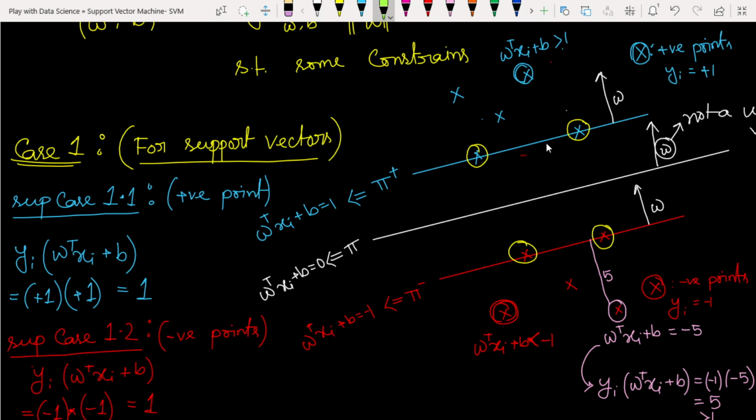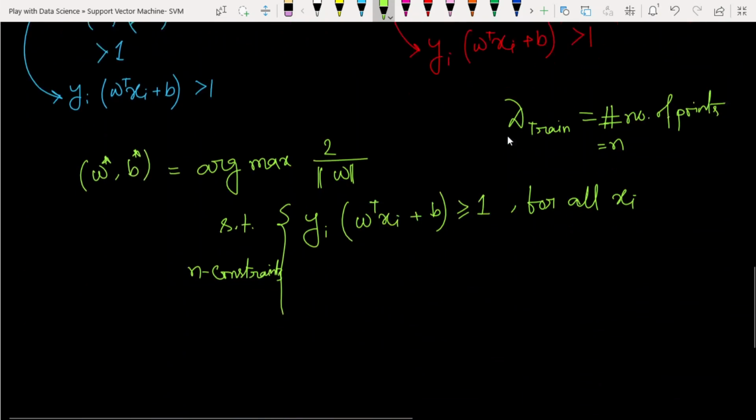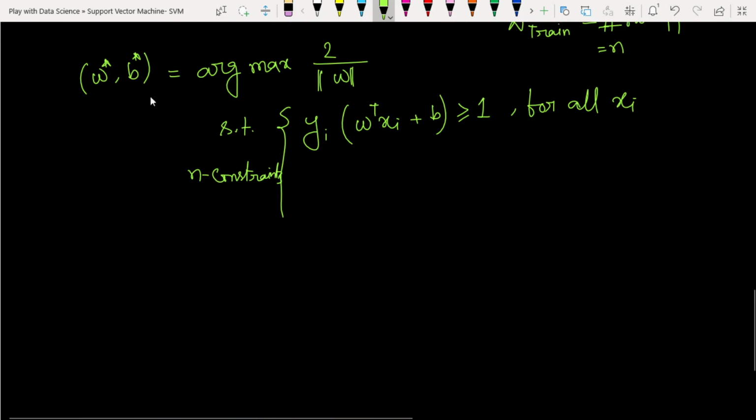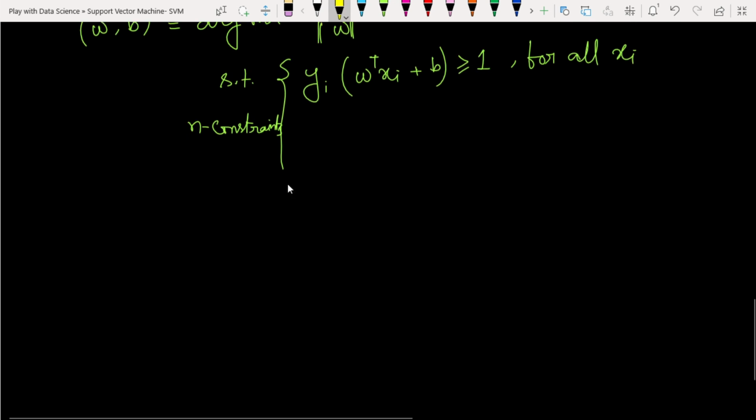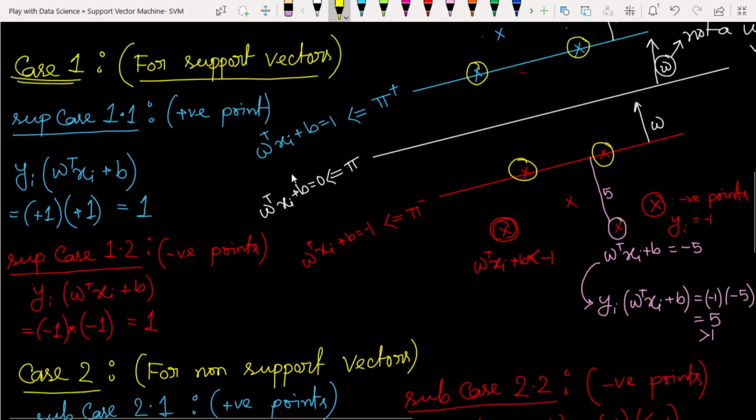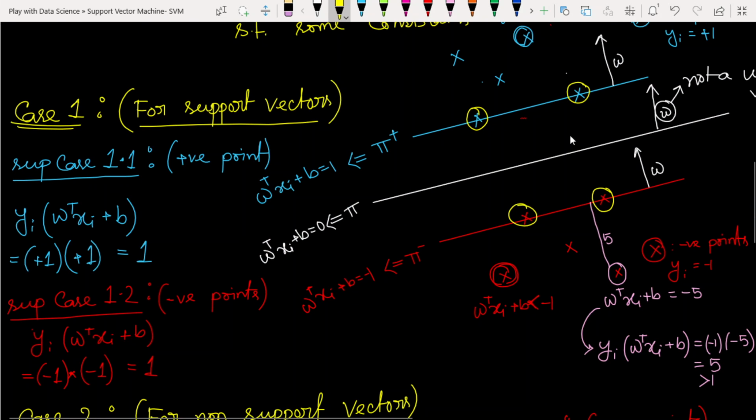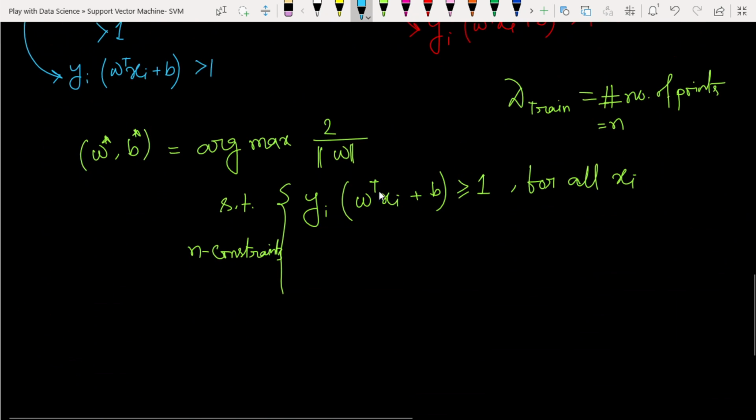So from this optimization constraint equation, our main assumption is that this data is always linearly separable, or almost linearly separable. Almost linearly separable means what? If we have one or two outliers, that will not matter. So in these situations it is almost linearly separable, and this formula works properly.